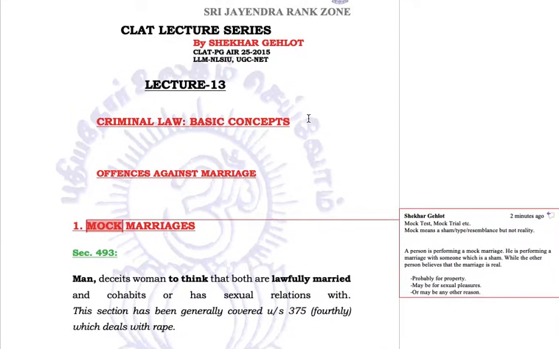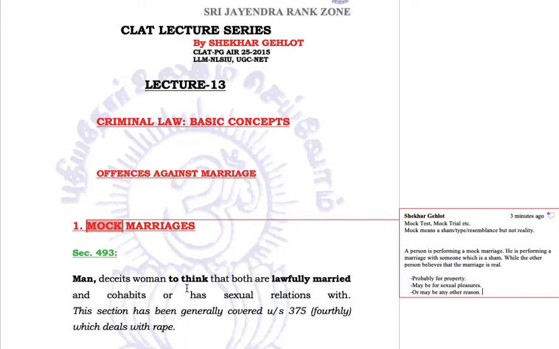We are more concerned with whether someone has performed a mock marriage or not. If someone has performed a mock marriage and led the other person to believe that it is a real marriage, but actually it's a mock marriage, that conduct is punishable because marriage is to be treated seriously.